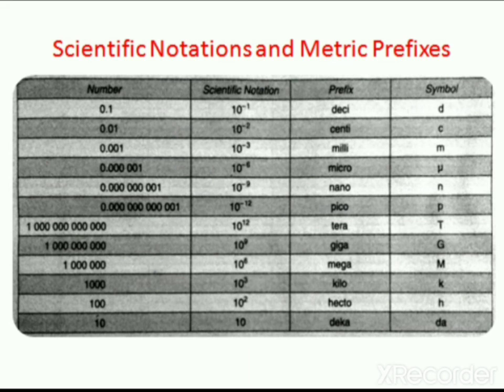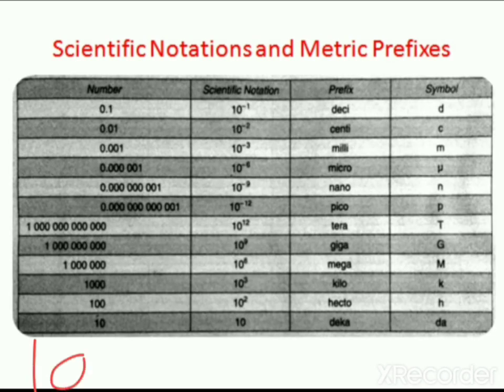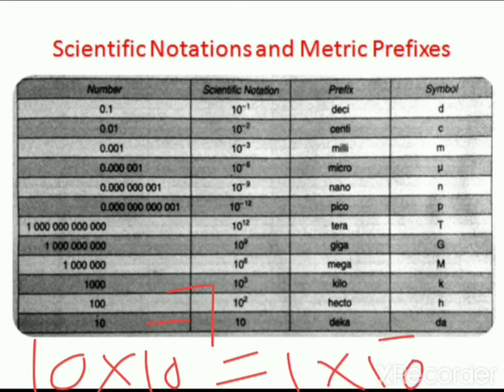The quantities such as 5 into 10 raised to minus 7 is more suitably written as, suppose here 10 into 10 raised to minus 7, we can write it is more suitably like 1 into 10 raised to minus 6.